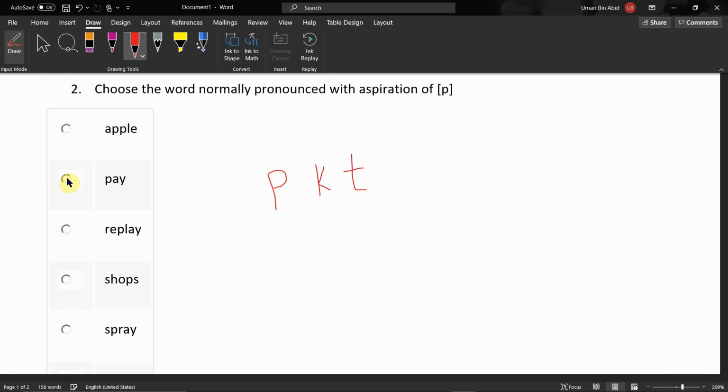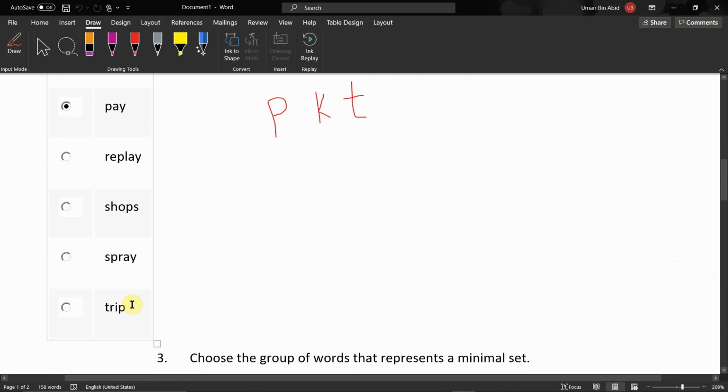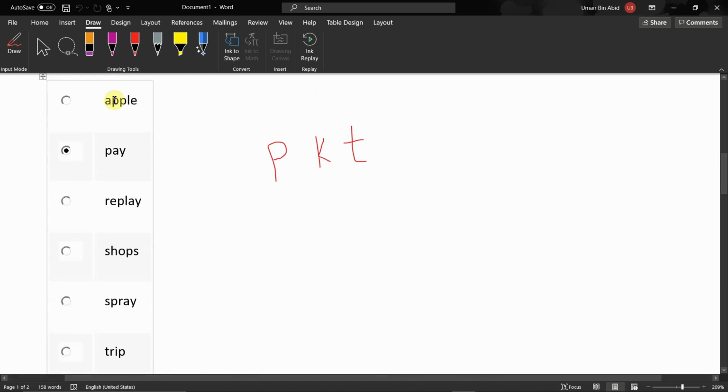In the other options, like replay, shops, spray, and trip, although we have the p sound here, here, here, and also here, as well as in the first item, nowhere is the p sound or any voiceless stop coming at the beginning of a syllable.